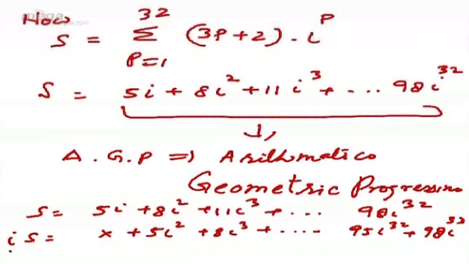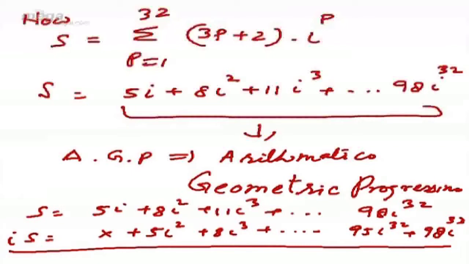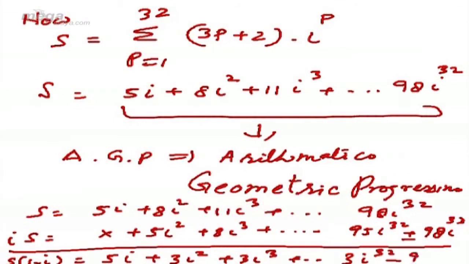If we subtract, S minus iS, that is S into (1 minus i), this will become 5i plus 3i square plus 3i cube till 3i to the power 32 minus 98i to the power 33. That is S into (1 minus i) is equal to 5i plus 3 into (i square plus i cube till i to the power 32) minus 98i to the power 33.